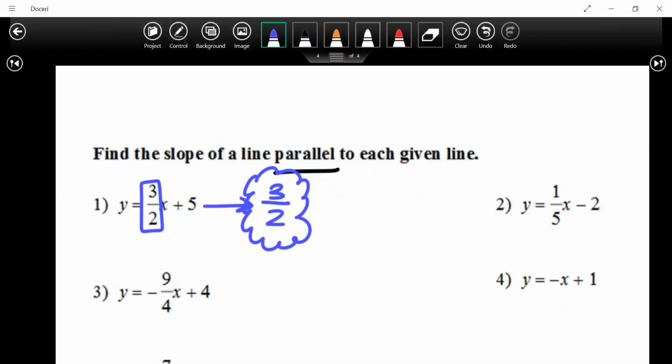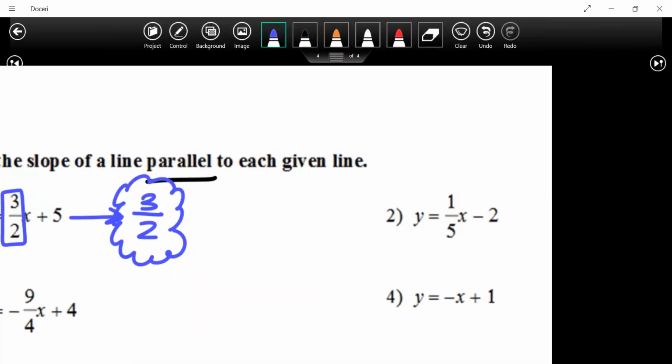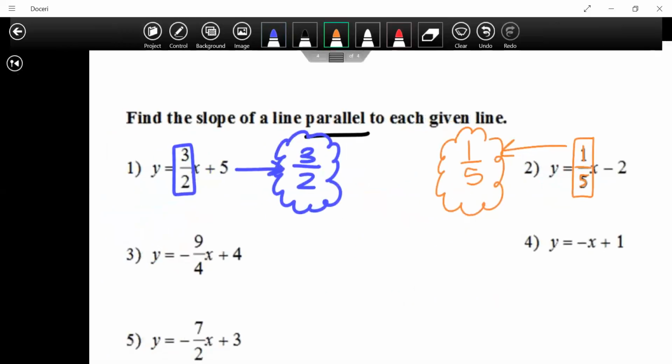Okay. What do we got for number 2? What's our slope? 1/5. Super easy. What would make it parallel? It's the same thing, right?